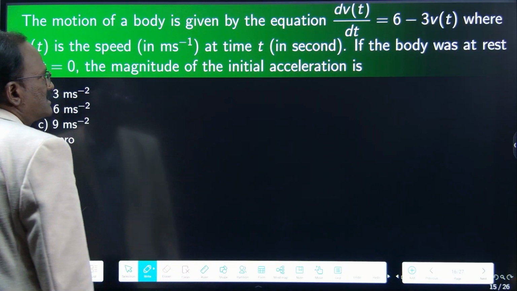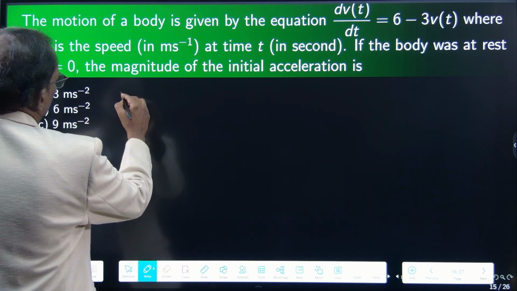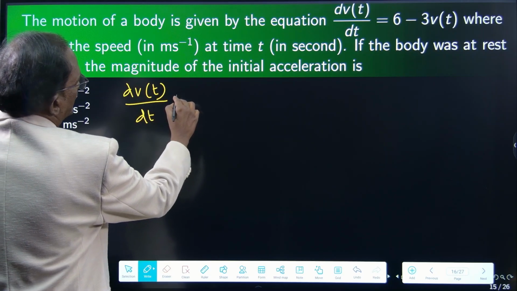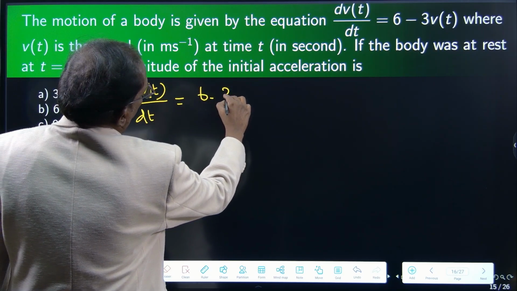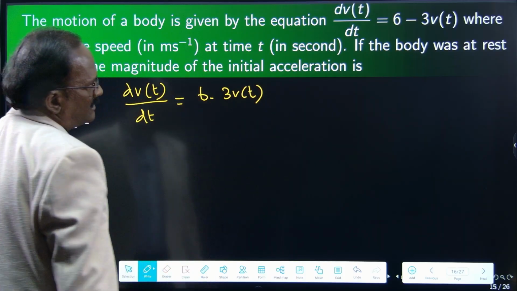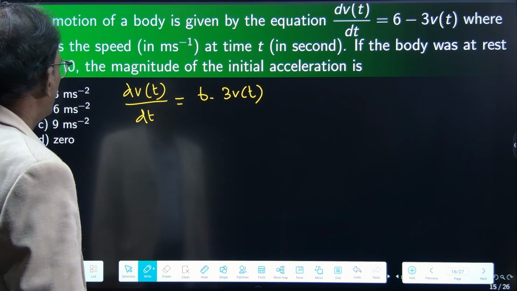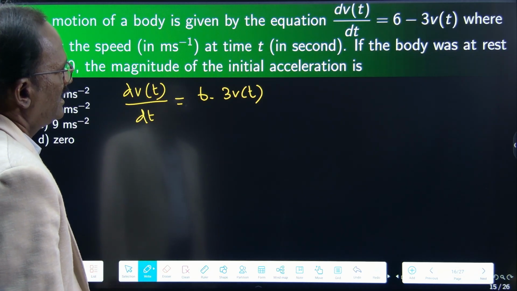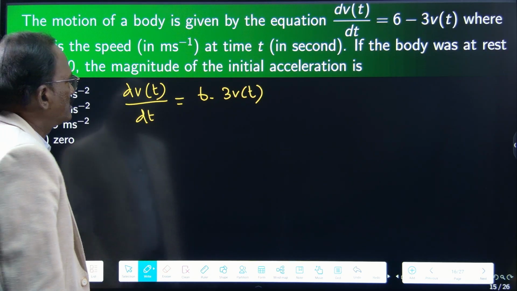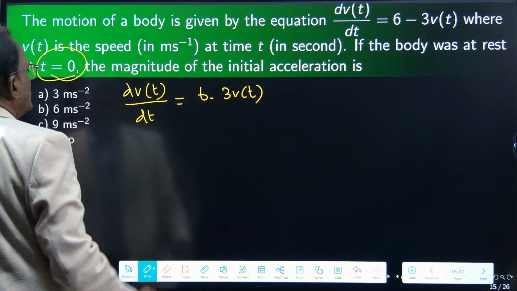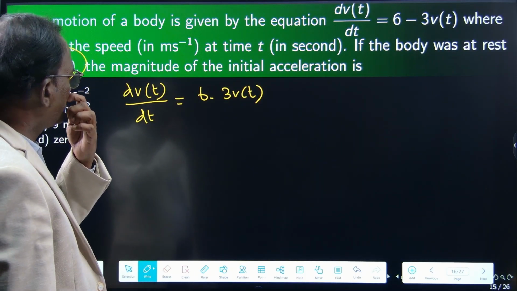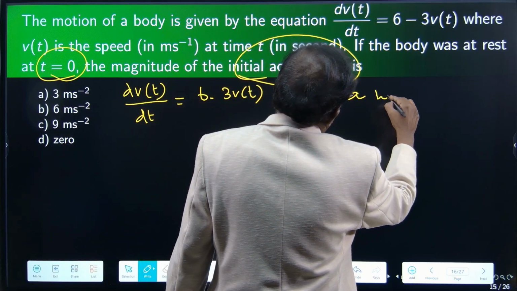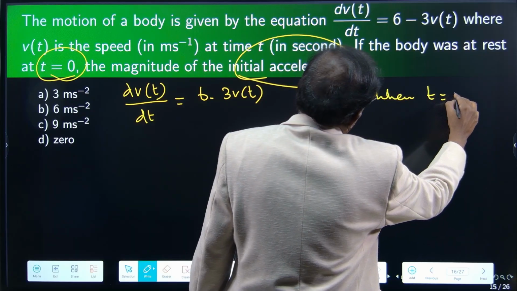The motion of a body is given by the equation dv of t divided by dt is equal to 6 minus 3 v of t, where v of t is the speed in meter per second at time t. If the body was at rest at t is equal to 0, the magnitude of the initial acceleration, so a when t is equal to 0, is what?